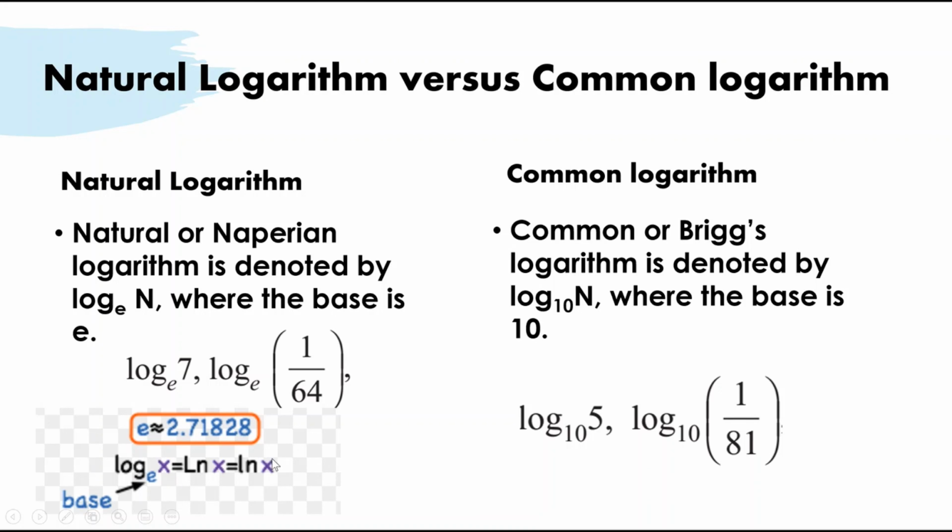So just for information, if instead of log something it is written ln, we have to understand that it is log with base e. So log of x with base e can be written as ln of x. For example, log of 7 with base e can be written as ln of 7. Log of 1 by 64 with base e can be written as ln of 1 by 64.